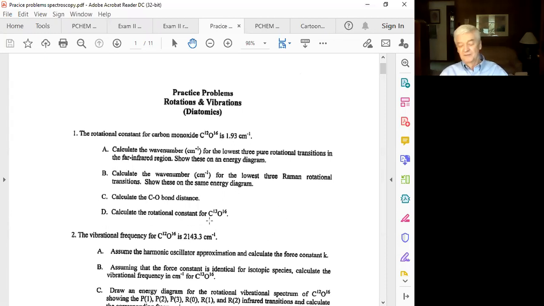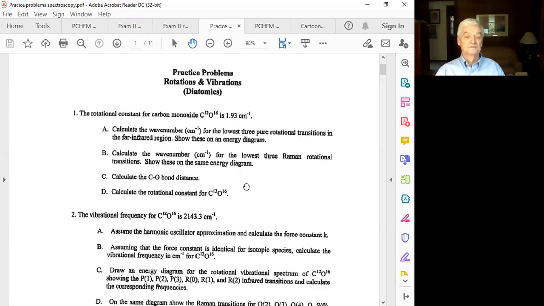You might want to look at problem D. We haven't covered that directly in class, but once you know the bond distance for regular carbon monoxide, you can assume that its bond distance is going to be the same for the isotopic form. So you have to calculate a new reduced mass to do this. And there's a shorthand way of getting this answer if you take the ratio of the reduced masses. So look at the solutions for this.